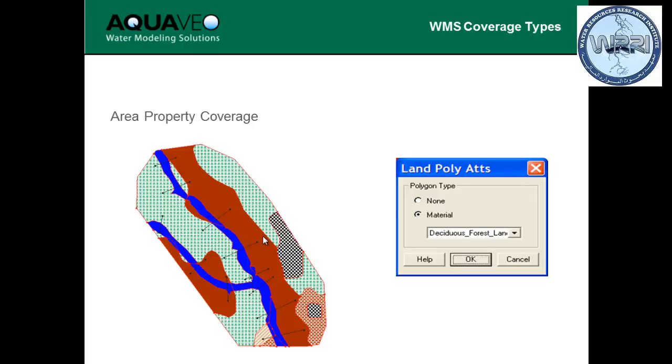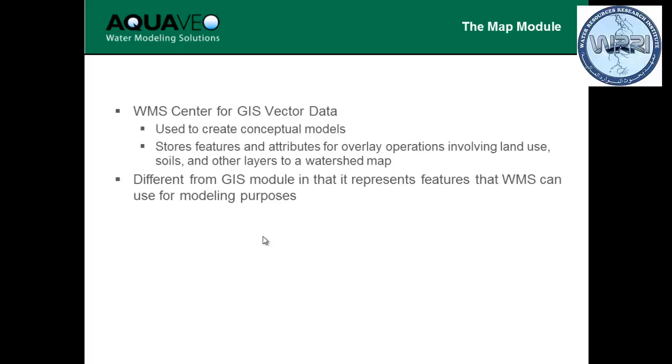You define different Manning's roughness values for polygons. And the map module is used for all of your modeling in WMS. So to do any modeling, you have to convert your data to the map module. That's feature objects. So you convert it to GIS vector data in the map module. That's feature objects.